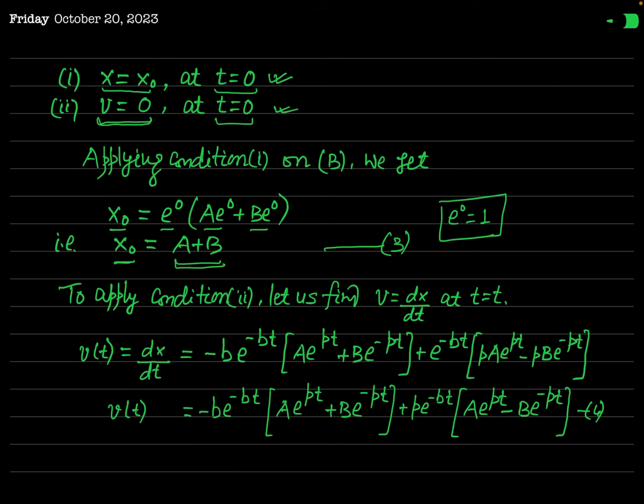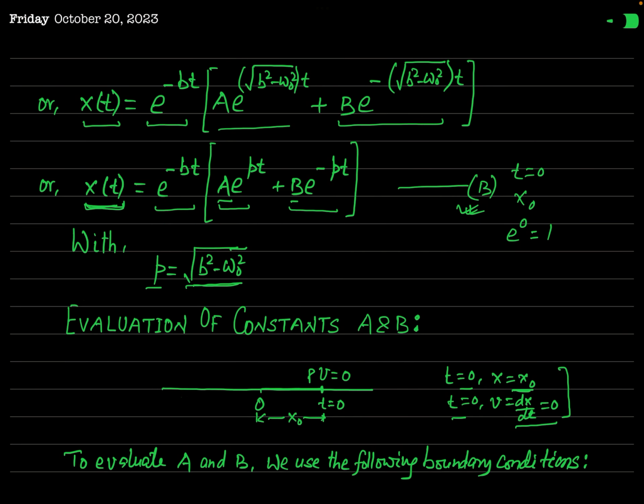So the velocity of the oscillator at time t, which is defined by dx by dt, will be what? This is your equation. In the RHS there is a product of two functions, or two factors. The first factor is e to the power minus bt, and the second factor, written inside this square bracket, is a times e to the power pt plus b times e to the power minus pt.